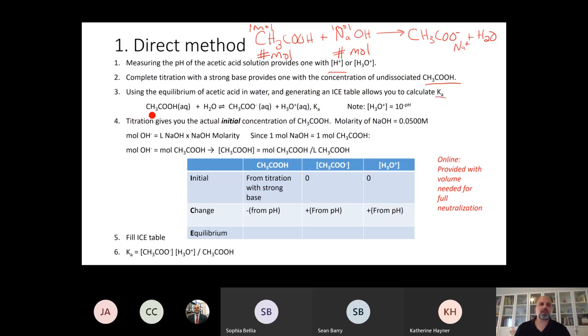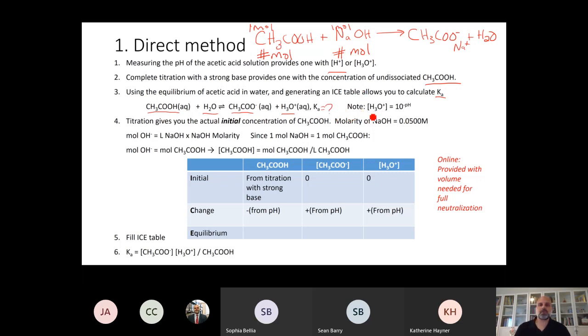So we have our acetic acid, right? The typical acid reacts with water to generate the conjugate base and protons. And there's going to be a Ka associated with this, and the Ka associated with this is what we're trying to figure out.